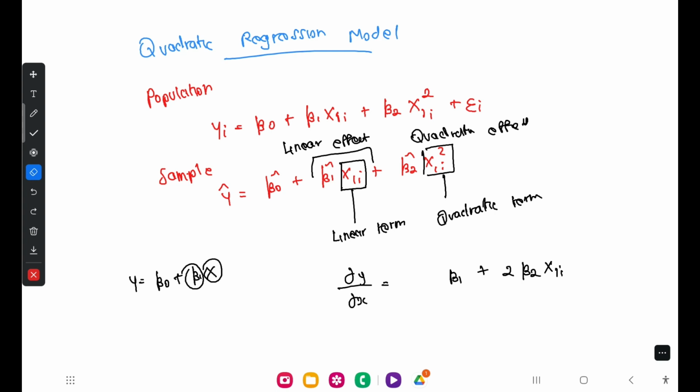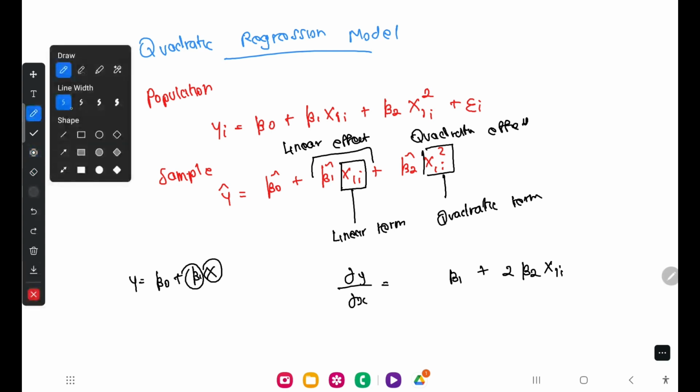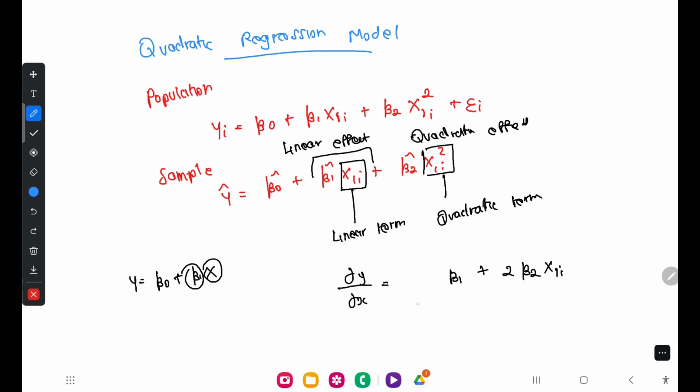Okay. If you all know the theory, that is very well enough. And in case you are given the r square for this, let's say r square is equal to 0.7. So for a quadratic relationship equation or model, r square is 0.7.